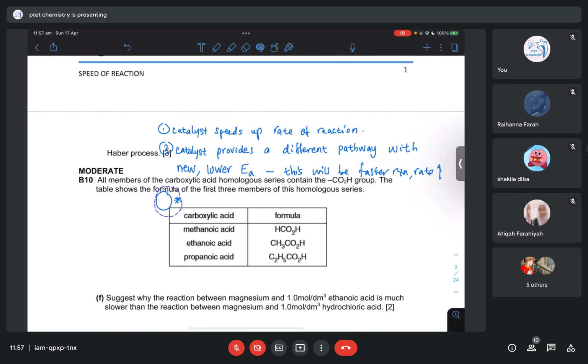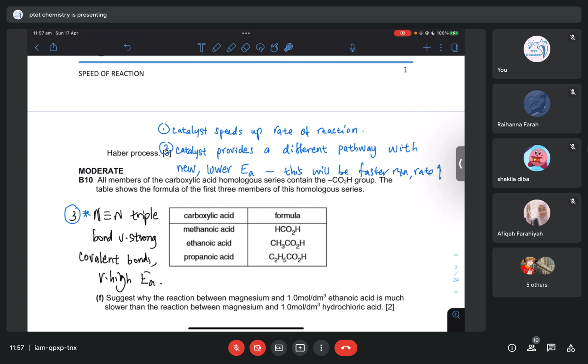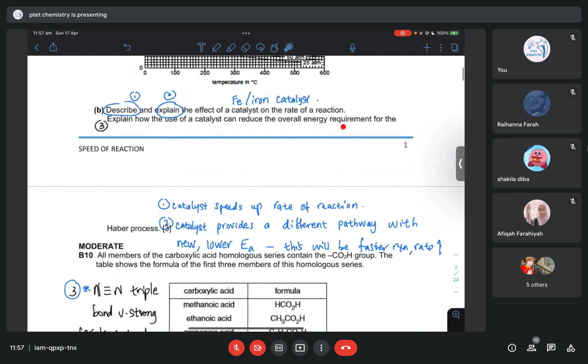So what we can say is, number 3, nitrogen-nitrogen triple bond, very strong covalent bonds to be broken. So that is why it has high activation energy. Very high activation energy, so it requires a large amount of energy in order to break it to kickstart the reaction. By using a catalyst, you can lower this activation energy, and therefore, that is how it can reduce it.